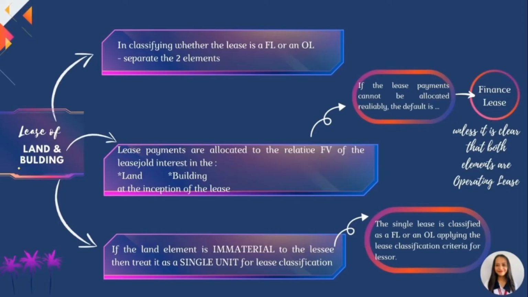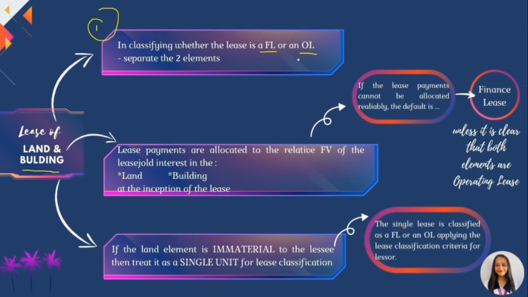Now, let's go to lease of land and building. This is the topic above. In classifying whether the lease is a finance lease or an operating lease, what we are leasing is land and building. So, at the inception of the lease, we classify whether it is a finance lease or an operating lease.